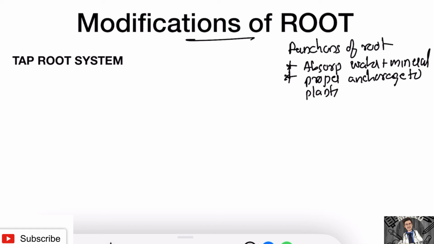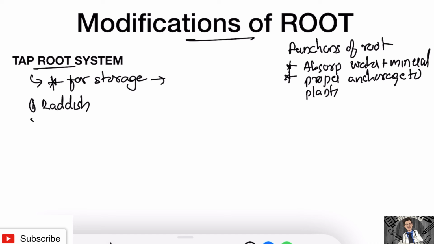So let us see what are the modifications of the taproot system. Taproot system mostly modifies for storage. These plants modify their taproot to form storage, and we actually take them for our food purposes. For example, radish, beetroot, all these are taproot modifications.